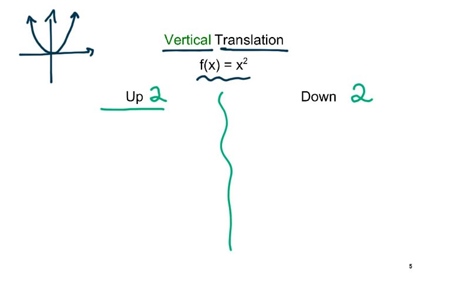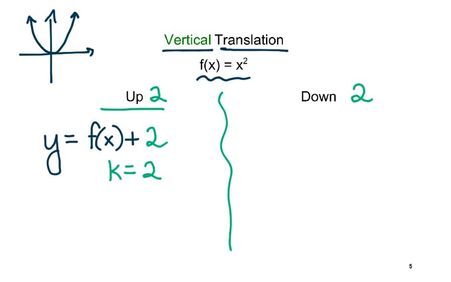And basically, what we're going to do is take f of x, and we're going to add k to it. We are going to replace k with the number 2, because k equals 2. And let's call that our new function.